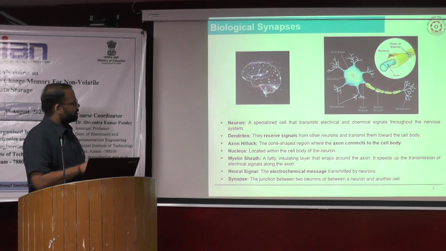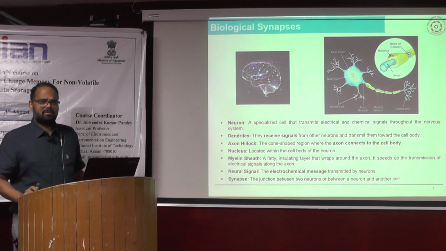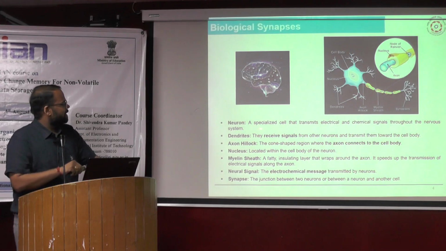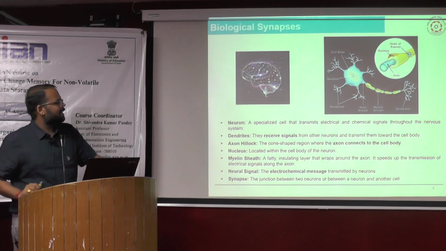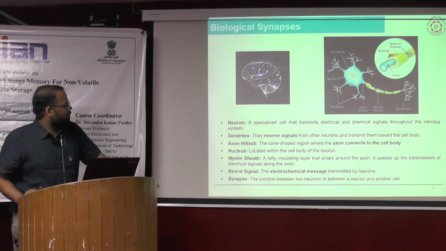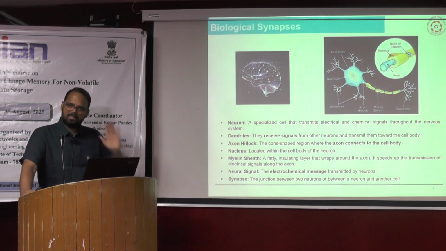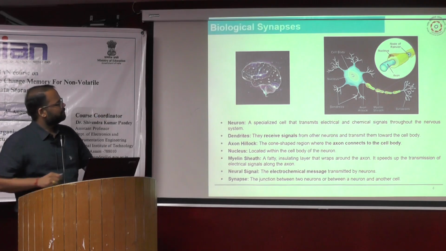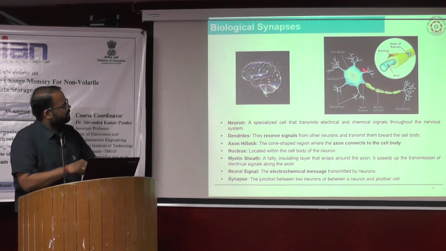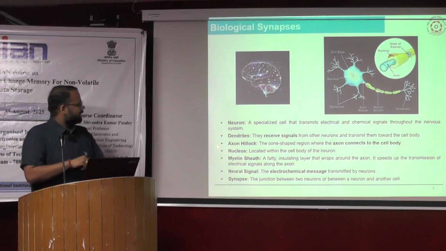First of all, the very important thing is the neuron. What is a neuron? A neuron is a specialized cell that transmits electrical and chemical signals throughout the nervous system. So this is our neuron, which can transmit the signal. Then dendrites receive signals. Here you can see these hanging parts. These are dendrites.